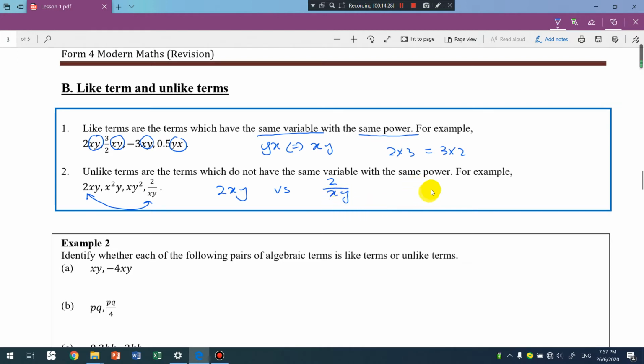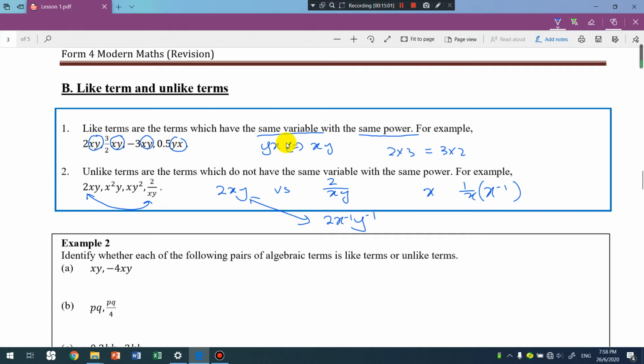You know that x and 1 over x are actually different. 1 over x can be written as x power negative 1. Still remember? So the x is actually power negative 1. The y is the same thing. So they don't have the same power. That's why they are unlike terms.